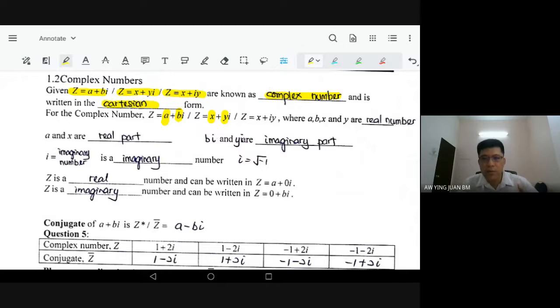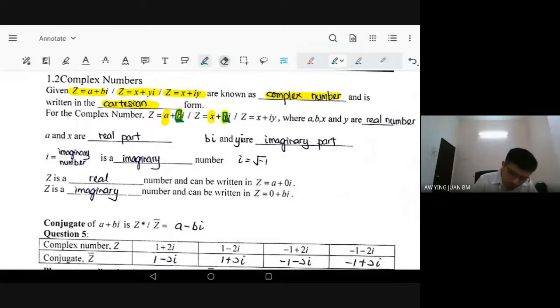Kalau bukan real number, jawapan salah. Mesti. So repeat, A and B must be real number. So ini adalah hint. Kalau jawab apa soalan pun, kalau dia bukan real, confirm salah.